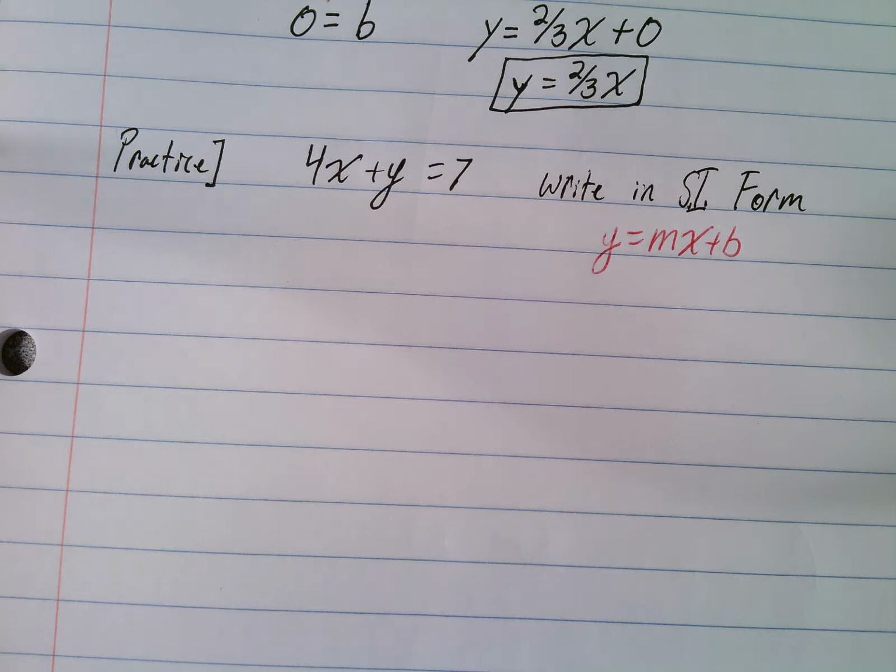So the first thing that we're looking at today is just practicing writing in slope-intercept form given an equation. Remember, what is the goal when we're converting to slope-intercept form? We're trying to get something by itself. What do I need to get by itself?